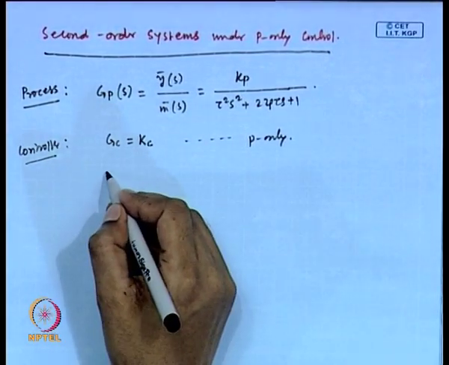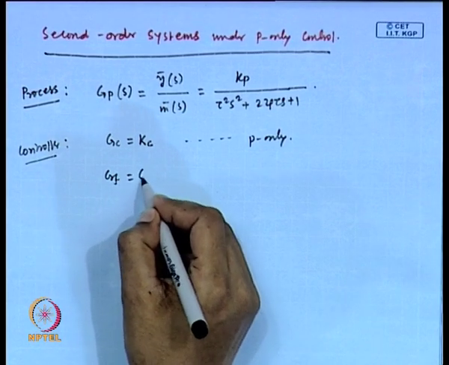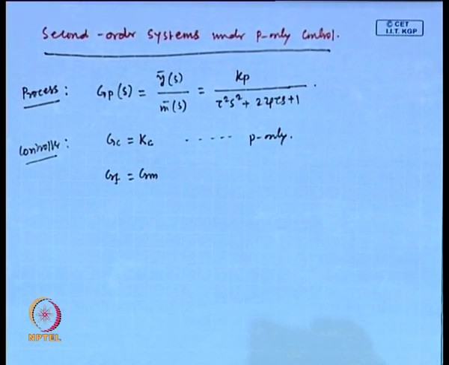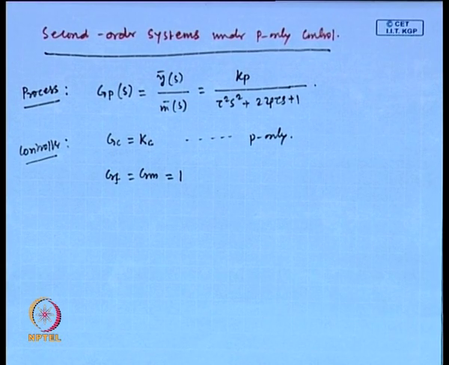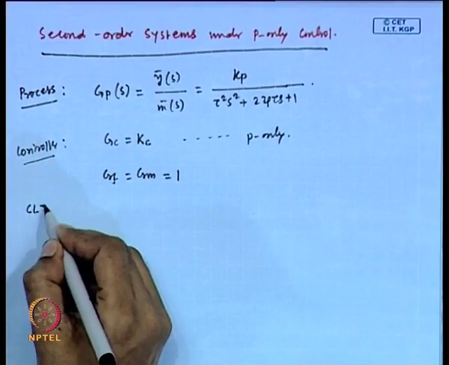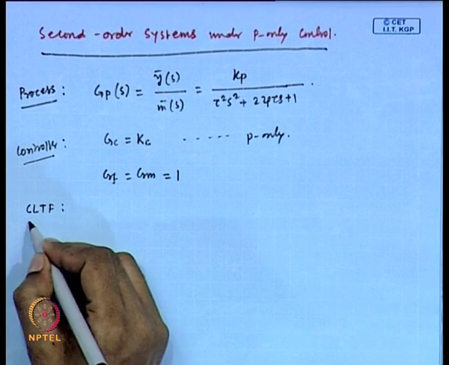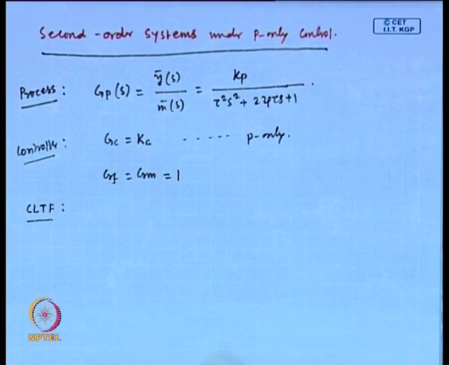Final control element and measuring device. For final control element and measuring device, we will consider the transfer functions equal unity. Now, we will write the closed loop transfer function for the second order system under P only control.